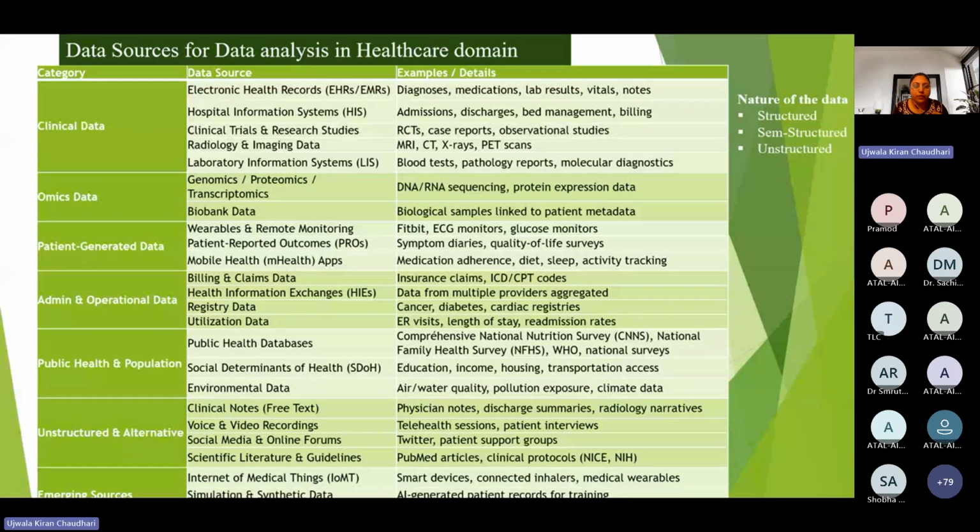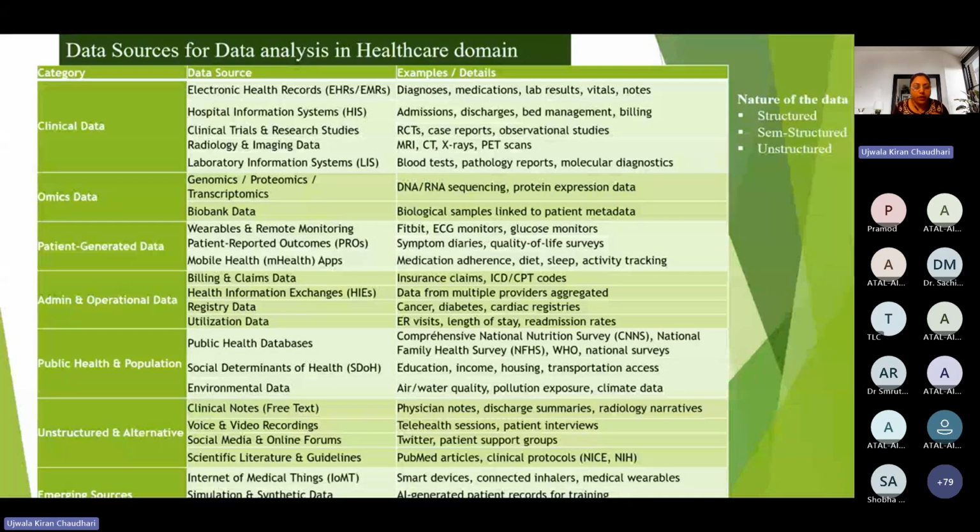So that data is captured from the patient, and it's in a semi-structured format. Omics data is also there, like genomics and proteomics. Basically, these are DNA sequencing or protein expression data. Protein expression data is typically used for drug discovery.